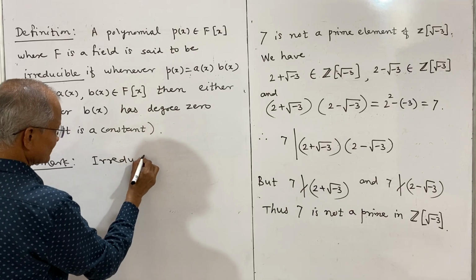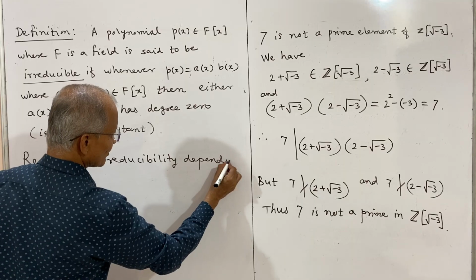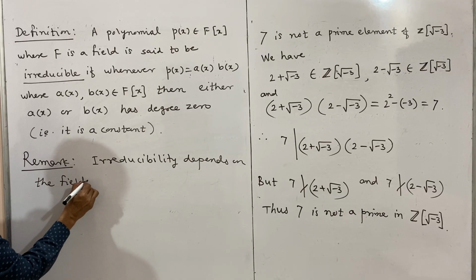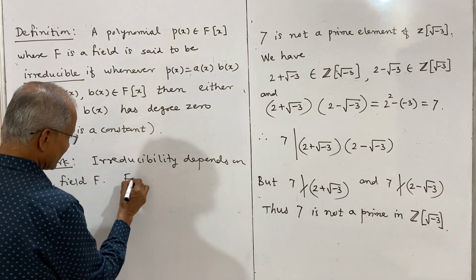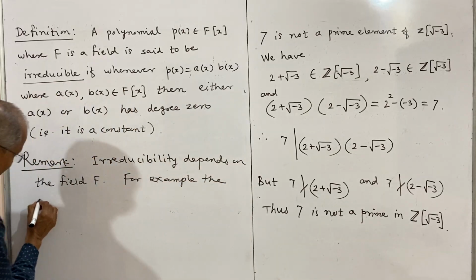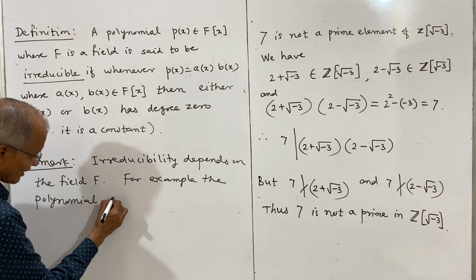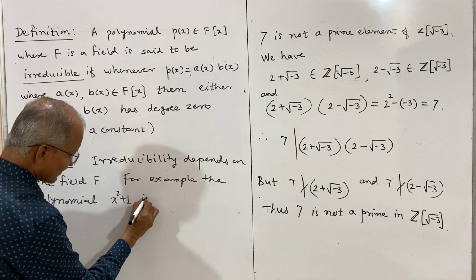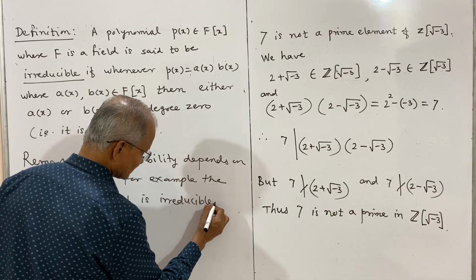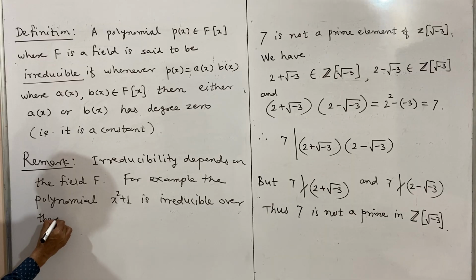Irreducibility depends on the field. For example, see the polynomial x square plus 1 is irreducible over the field of real numbers.